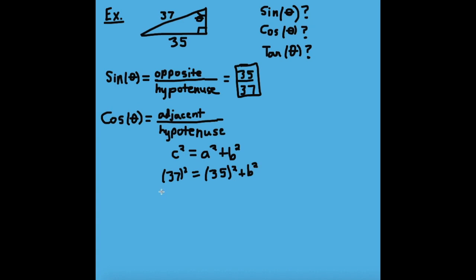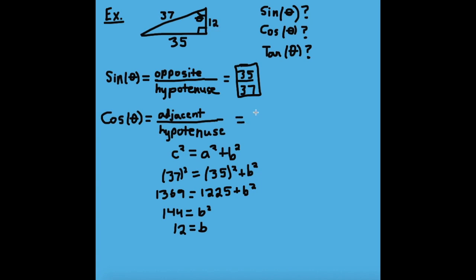So we will get 1,369 equals 1,225 plus B squared. We need to isolate B, so we will get 1,369 minus 1,225 equals B squared. 144 equals B squared. When we take the square root of both sides, we get 12 equals B. The adjacent side is therefore 12.